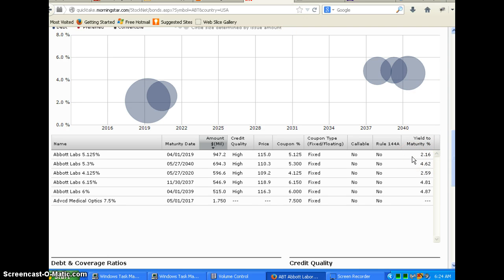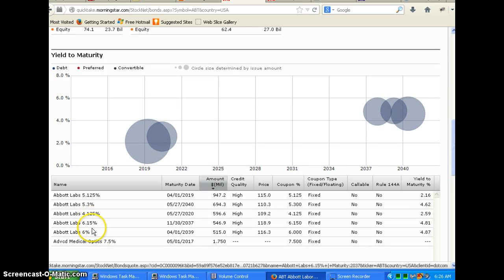And so what we want to do is start looking at these right here, 5.125, 5.3, 4.125, 6.15, and what we're going to find is the maturity dates, the credit quality, the price, and the coupon rate.